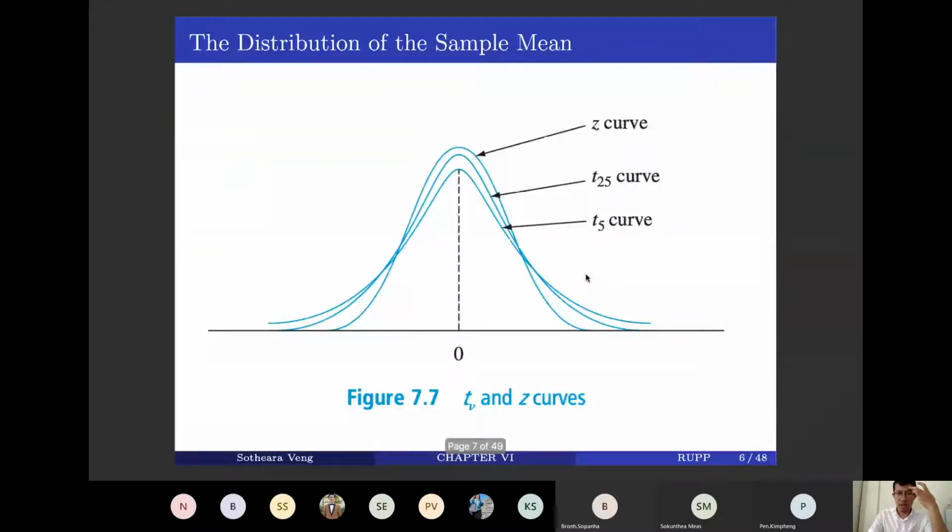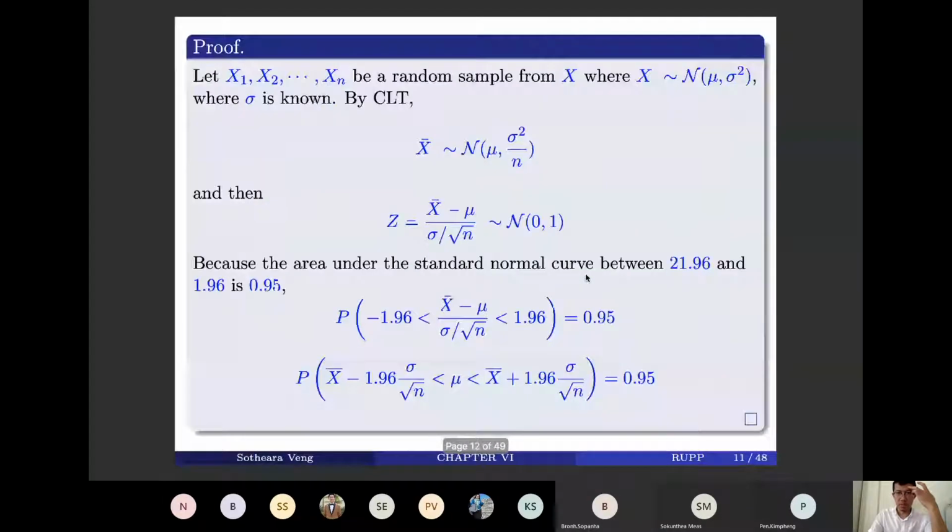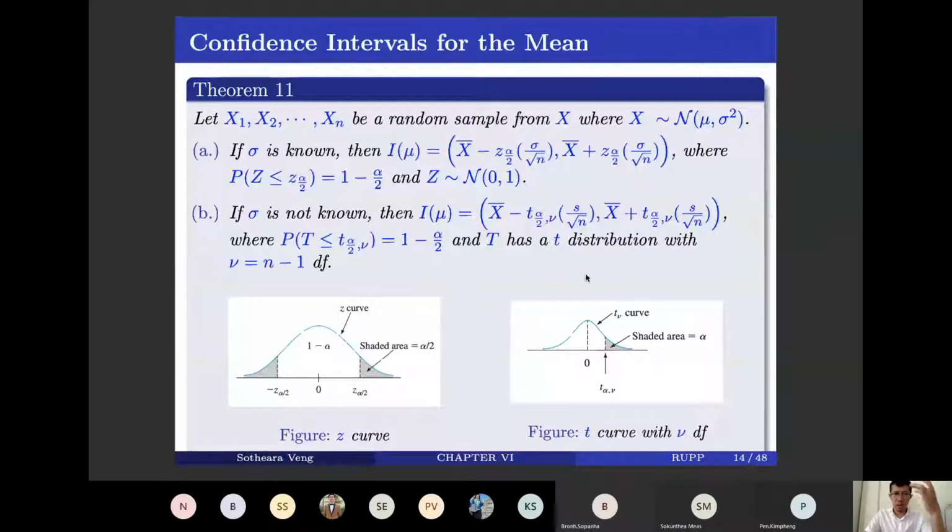This corresponds to the standard normal curve, the z curve, and the distribution is z. The corresponding critical value we denote by z alpha or z alpha over 2. Similarly, for the t distribution, the critical value we denote by t alpha.